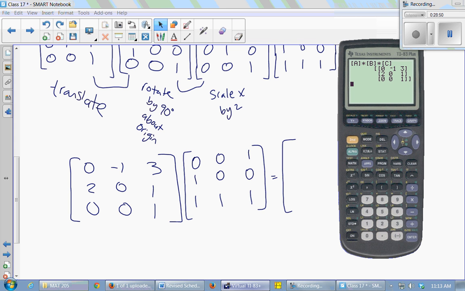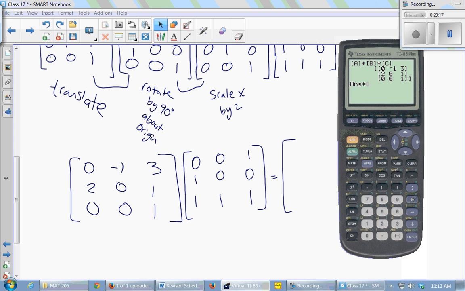So I need one more matrix D. 3 by 3, put in my data: 1, 0, 0, 1, 1, 1. Okay, so I have this matrix here already.